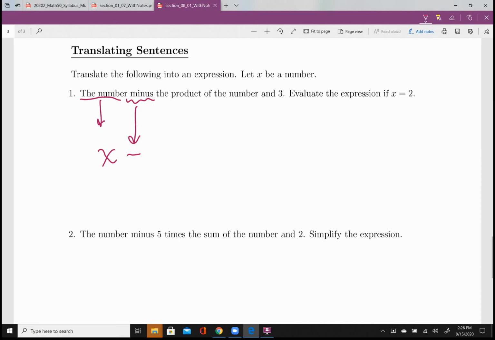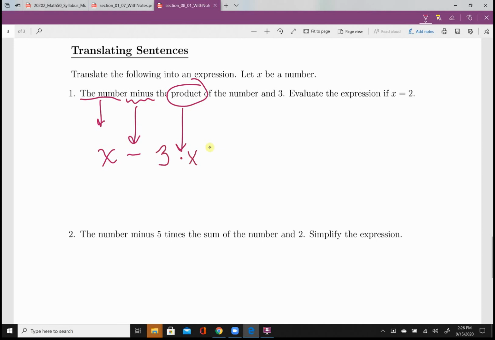Okay, so we'll get into that a little bit later on as it comes up. So anyway, you can go ahead and directly translate this to x minus the product of the number and 3. So the product is another keyword, and the number and 3, well, you should represent that as 3x.